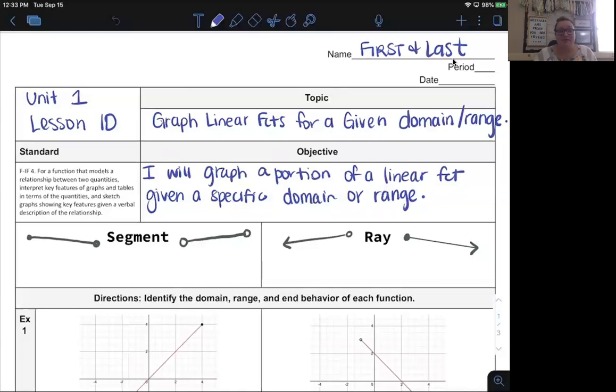So instead of graphing an entire line today, we're going to be graphing just a part of a line. And those parts of a line can be called either a segment or a ray. So we need to talk about the difference between the two. So a segment is a portion of a line with two endpoints.